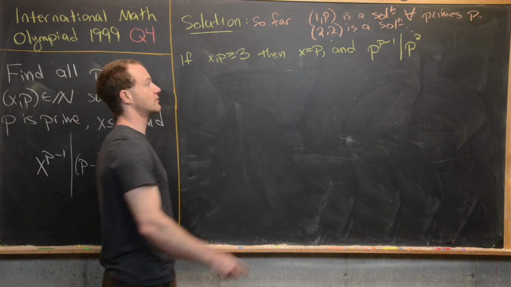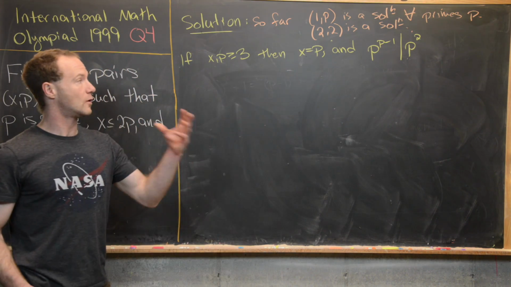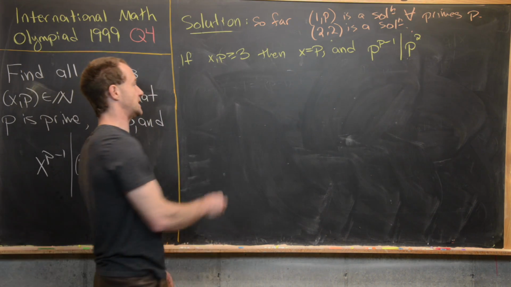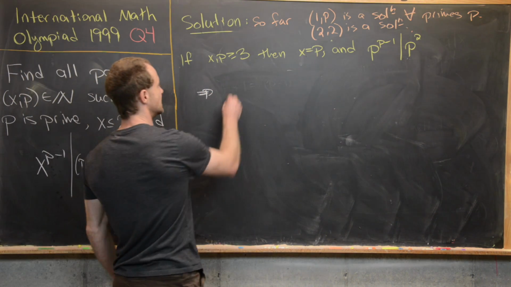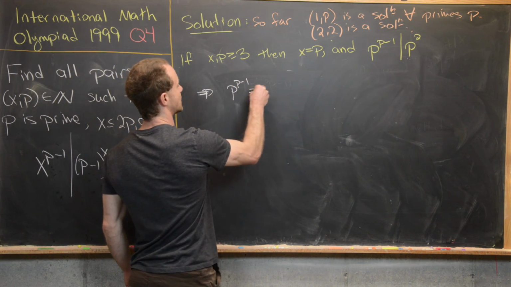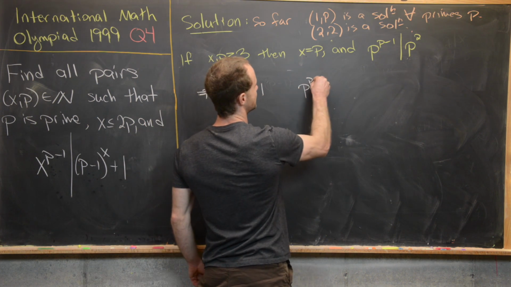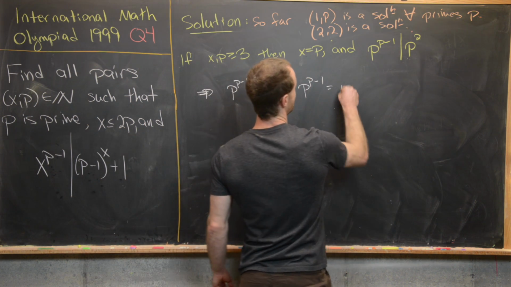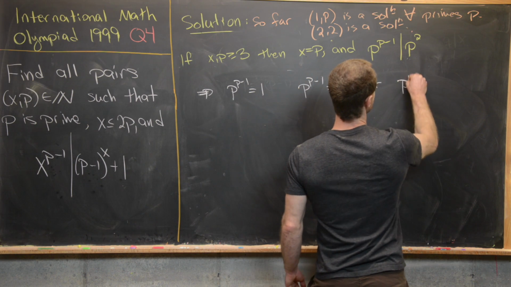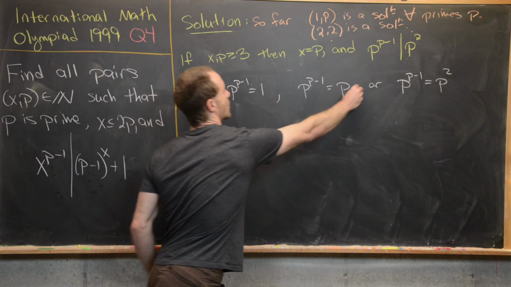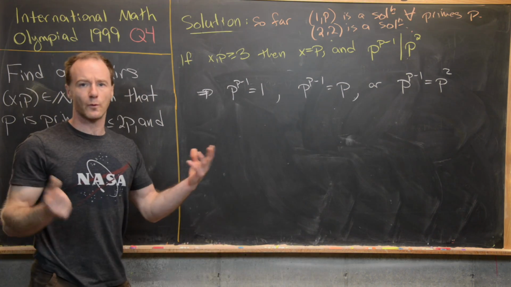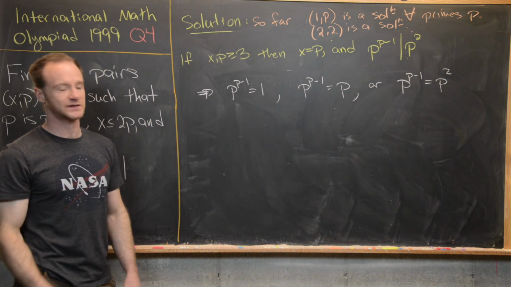So now we're actually ready to go because we know there are only 3 divisors of p squared, and those are 1, p, and p squared. So that means that p to the p minus 1 equals 1, p to the p minus 1 equals p, or p to the p minus 1 equals p squared. So those are our only possibilities given what we know about the factors of p squared.